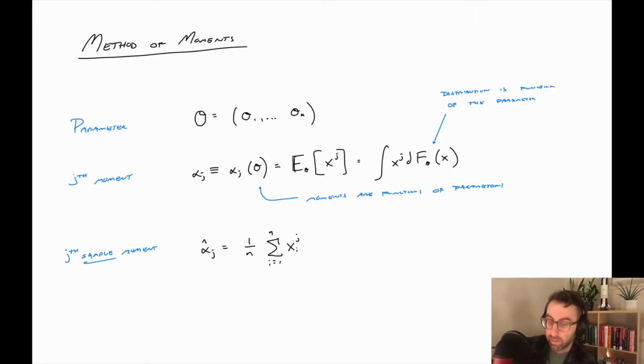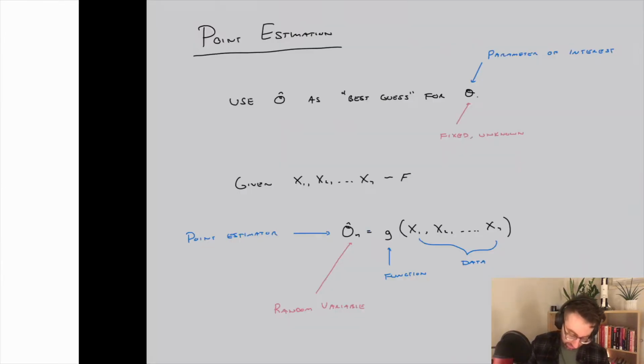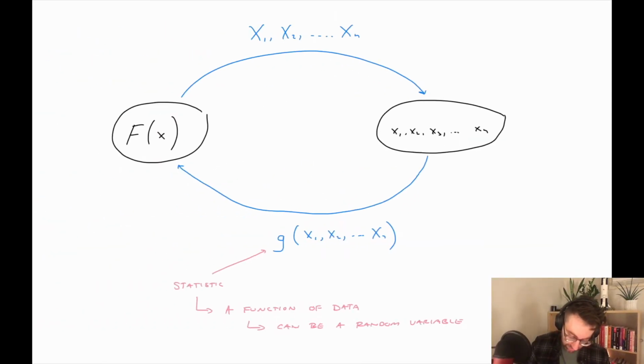So importantly, sample. We have two kinds of moments that we have to deal with: the population moments, or just moments, and then the sample moments. So moments are functions of the parameters or the distribution that is on the left-hand side of, sorry, I'm referring to this picture.